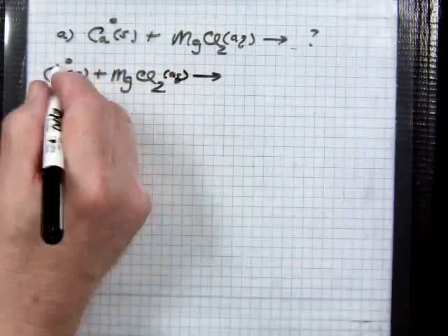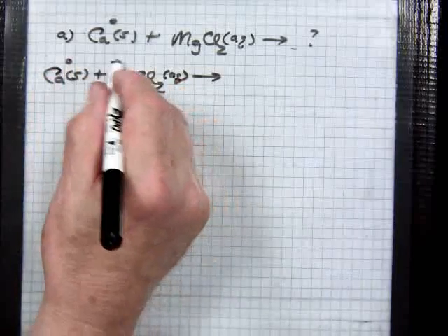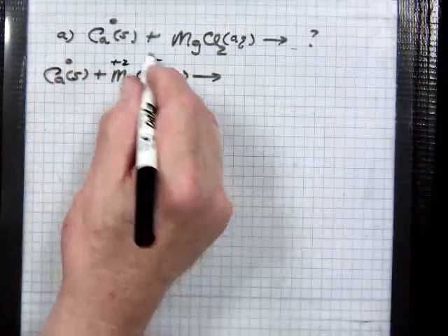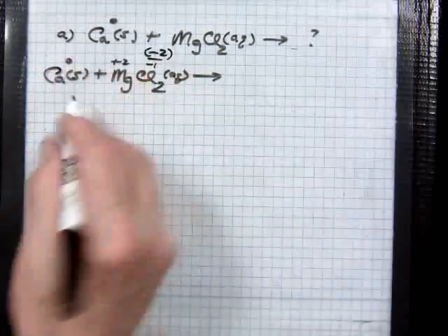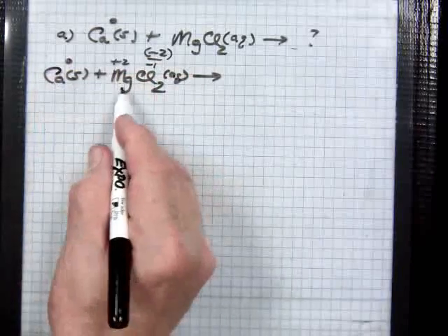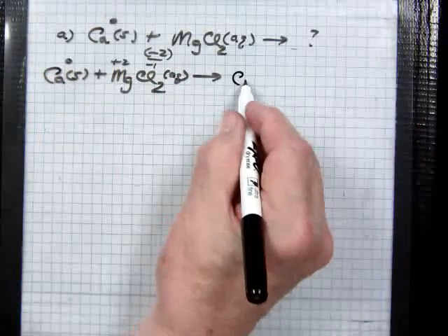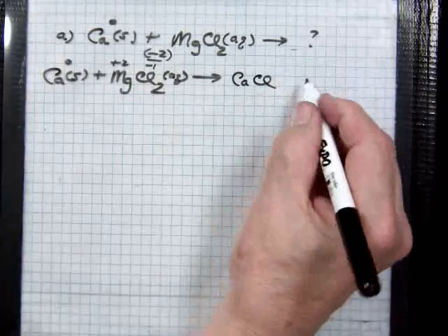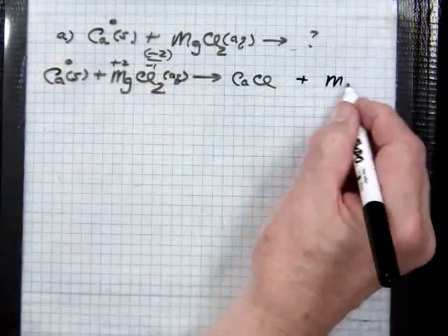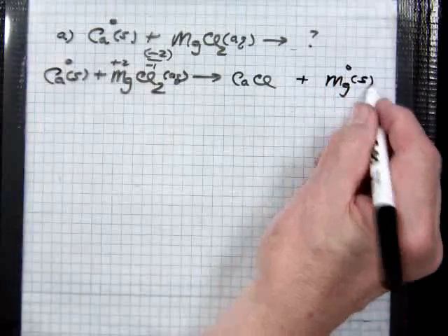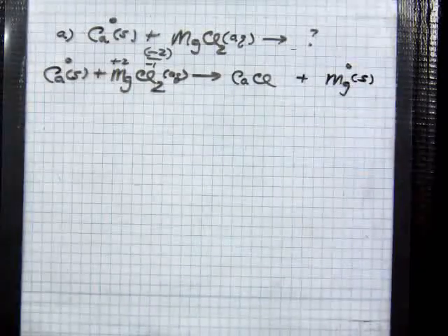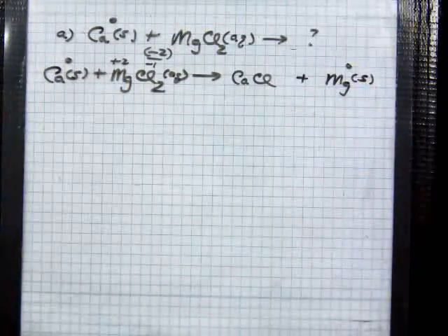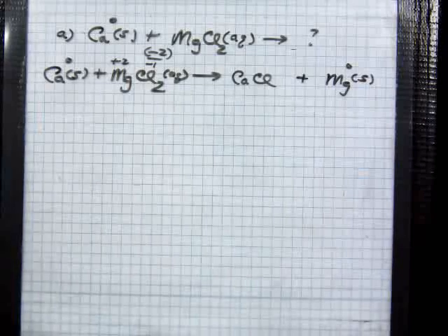And so this is 0, and this is a plus 2. Minus 1 goes to minus 2 overall. So if calcium replaces magnesium, it's going to hook up with the chloride like that. Okay, and then the magnesium is going to come out in basic standard state, neutral. It has to, all of them do. One replaces the other if it's above the one that's falling out of solution.